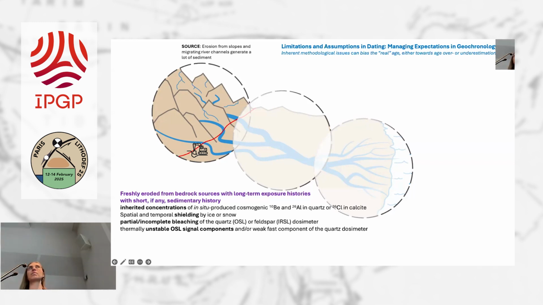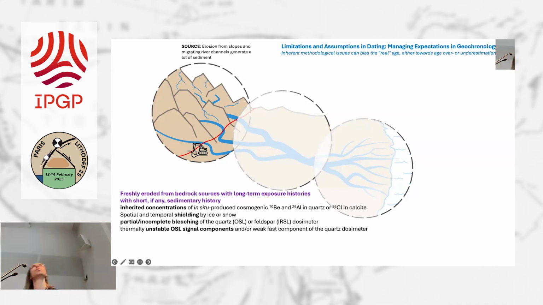You may have some shielding by ice or snow. And looking at the OSL, we know that it is challenging because we have partial to incomplete bleaching of the quartz and the feldspar. But also, we are dealing with very unstable OSL components, meaning that the quartz or the feldspar are not good dosimeters.